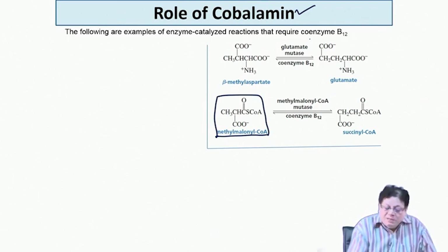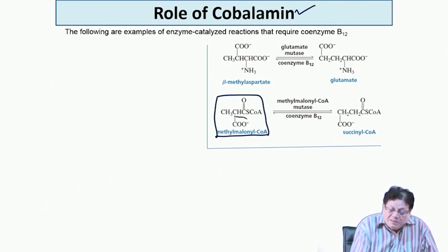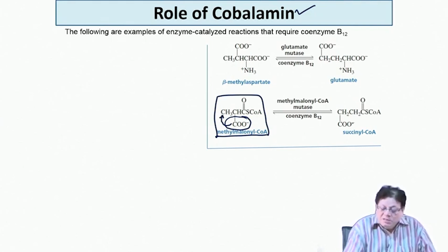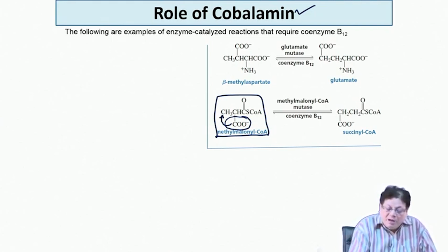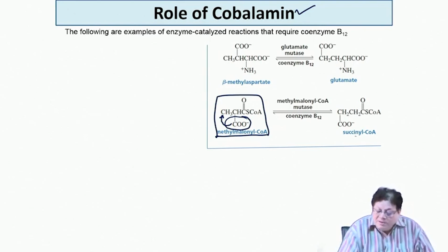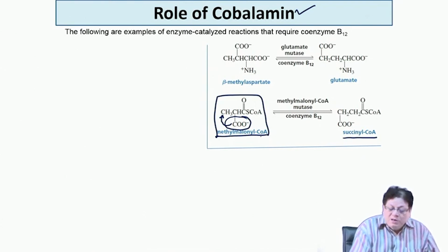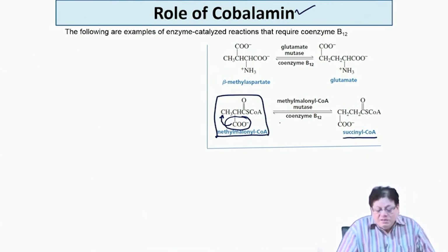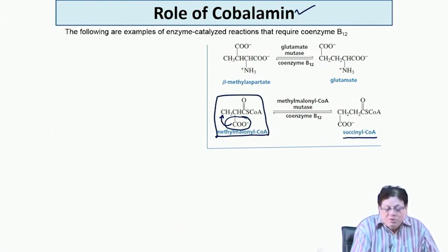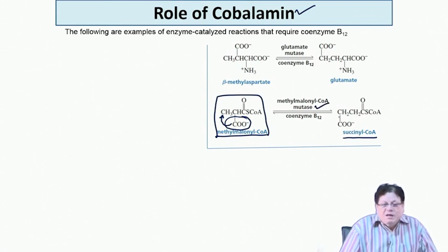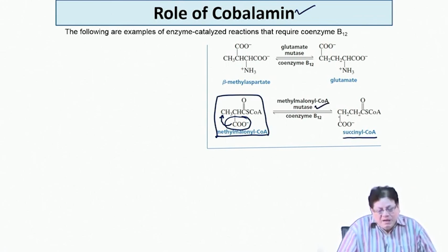Methylmalonyl CoA undergoes rearrangement: the carboxy group can migrate to the terminal carbon, and one of the hydrogens migrates here. The result is succinyl CoA. You started with methylmalonyl CoA, and this is a mutation reaction because it changes the constitution of the molecule. If you change the constitution, those types of enzymes are collectively called mutases, but they are basically isomerases.